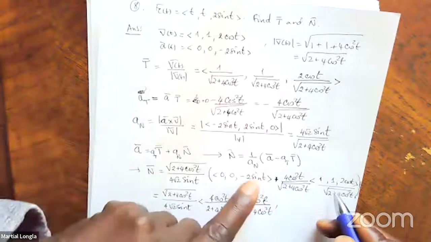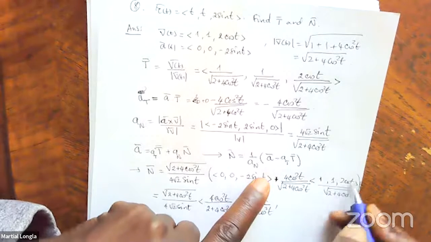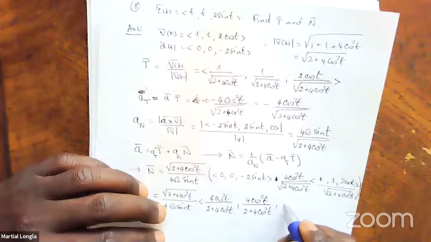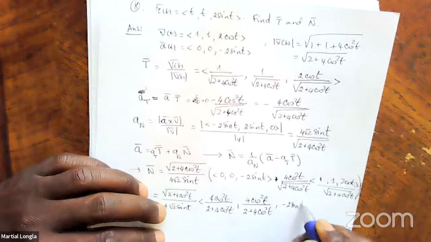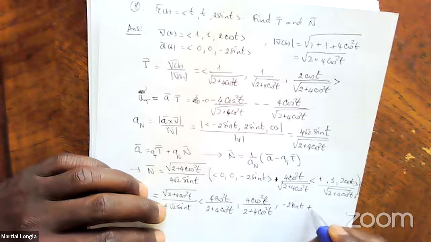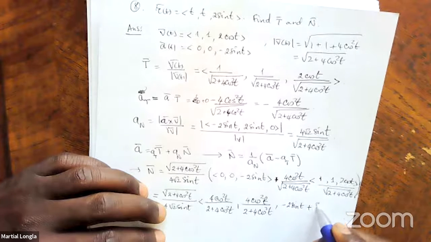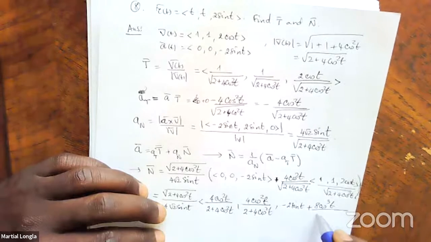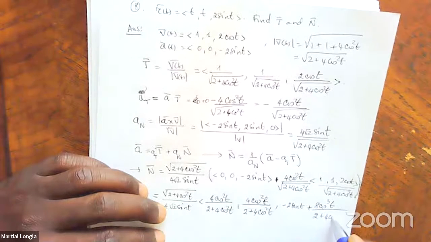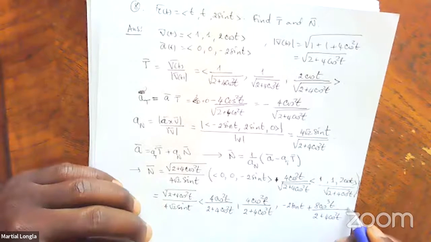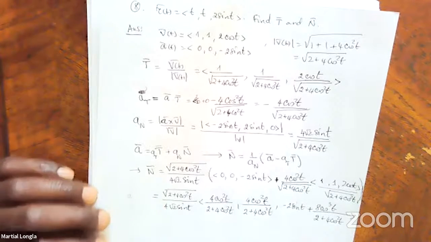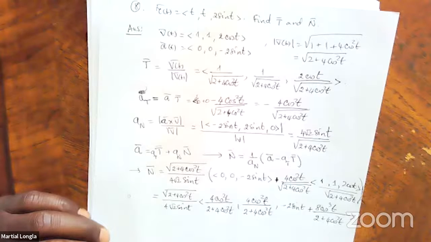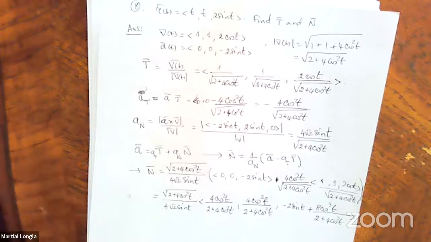And then -2 sine plus that. Eight cosine cubed t over 2 plus 4 cosine squared t. Any questions?